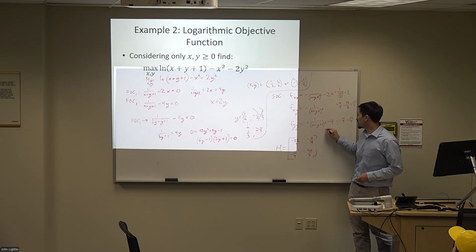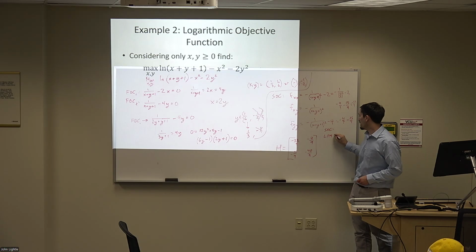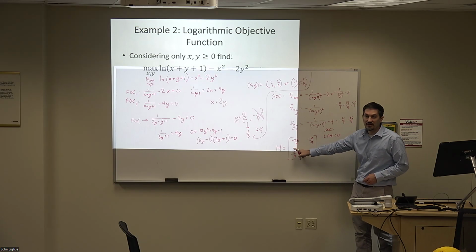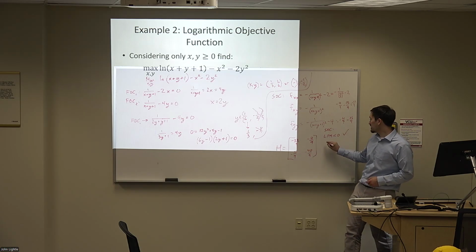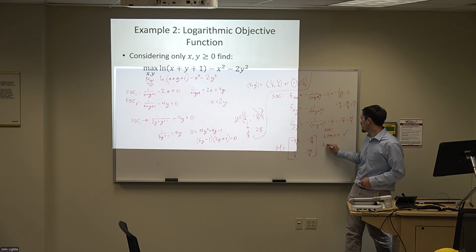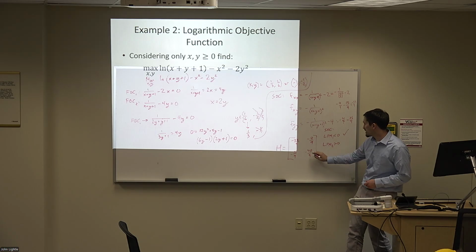So the second order conditions are, the first leading principal minor should be negative. We can check that. It's true. Bing. The second leading principal minor should be positive. Can we check that?